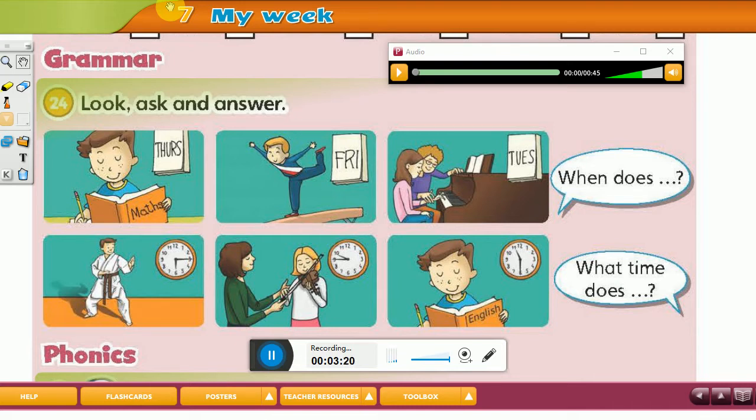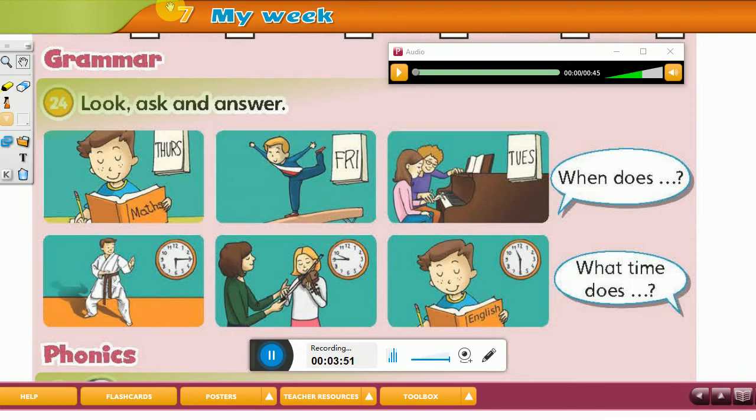Here, who can tell me the first question about picture number 1? Excellent, very good. When does he have math lesson? Yes, excellent, boys. On Thursday. Picture 2.